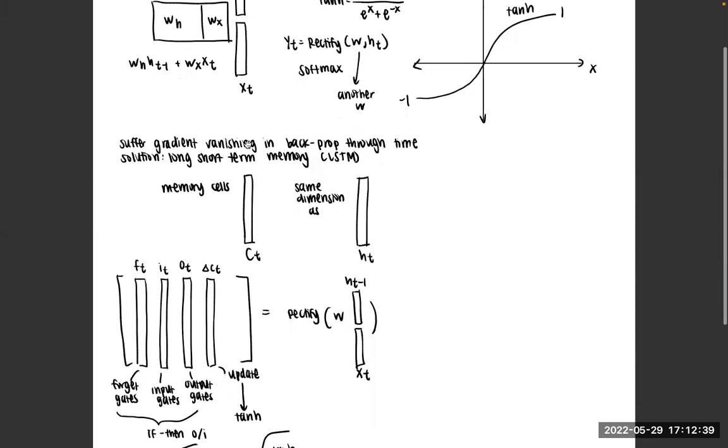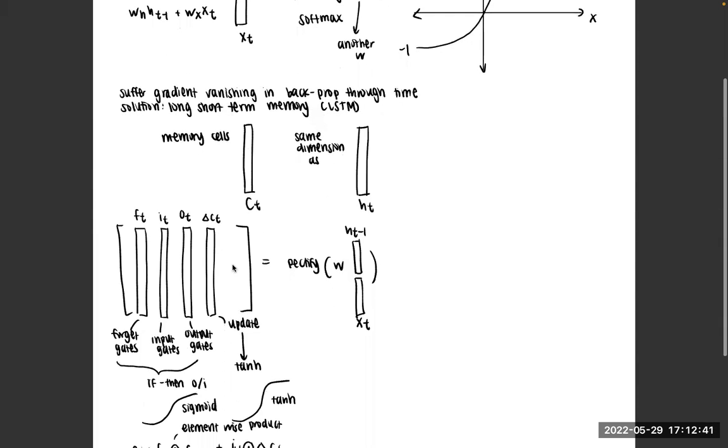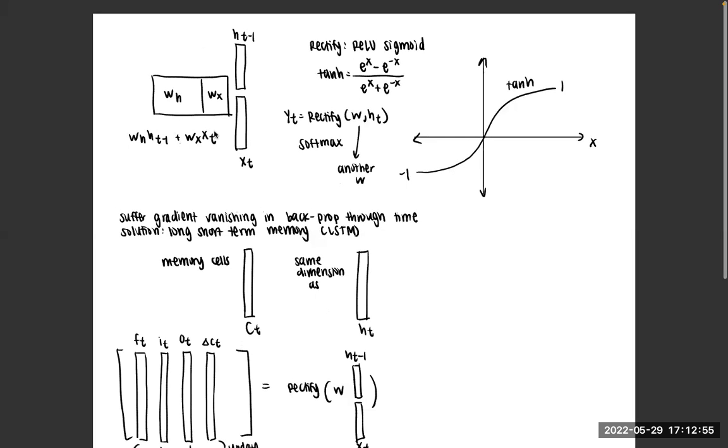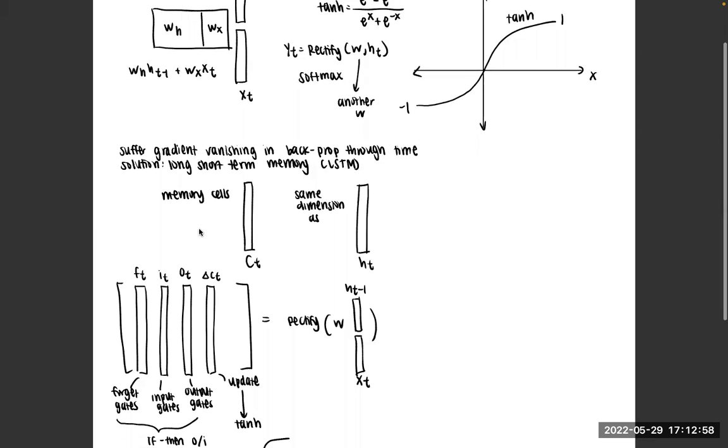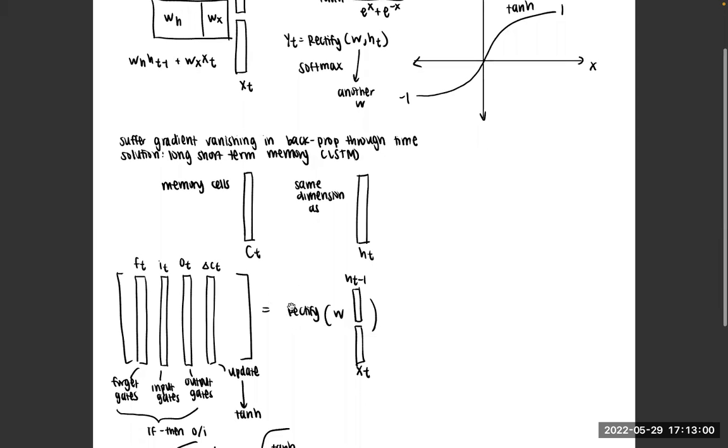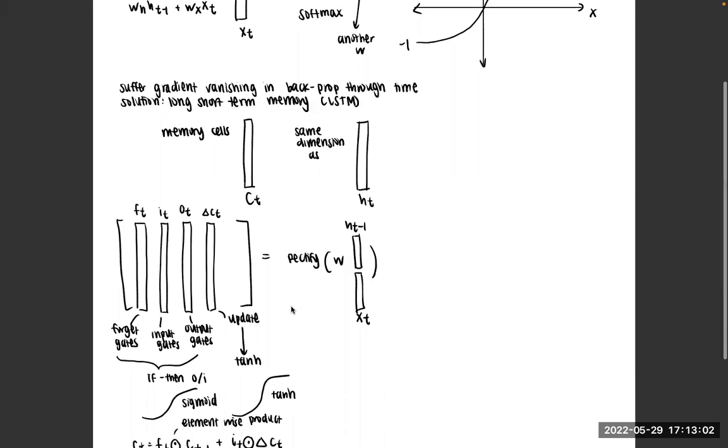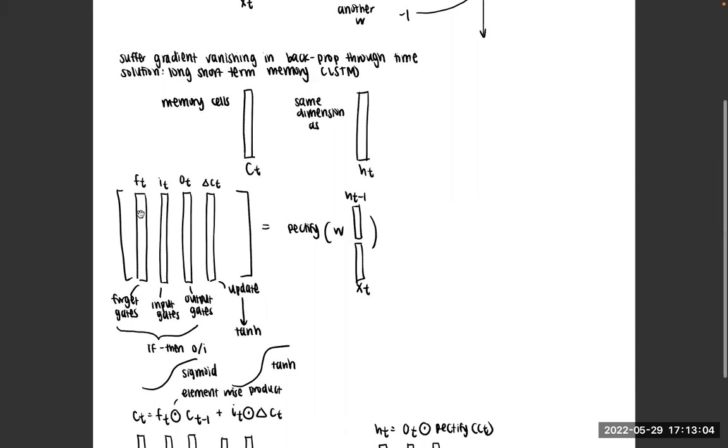But instead of computing HT directly, we first compute some vectors from HT minus 1 and XT. Using this operation, again, we multiply the concatenated vector by a matrix of compatible dimension, and then perform an element-wise rectification. So this vector ft is called the forget gate.